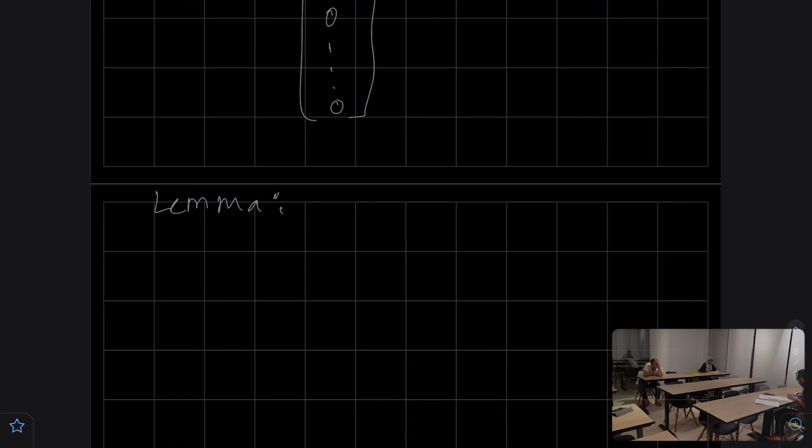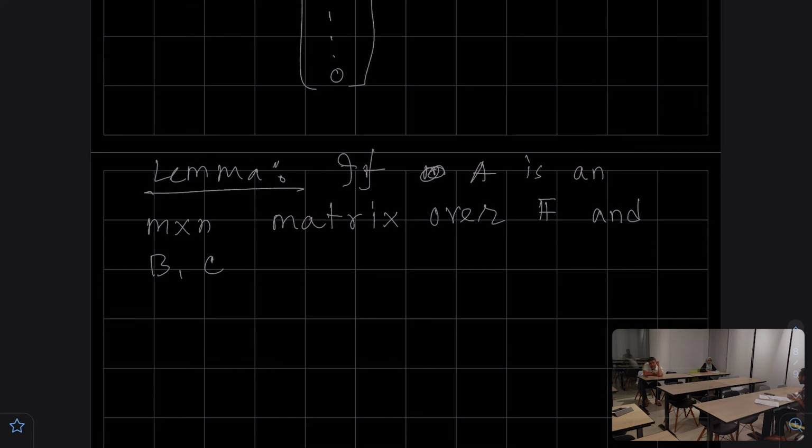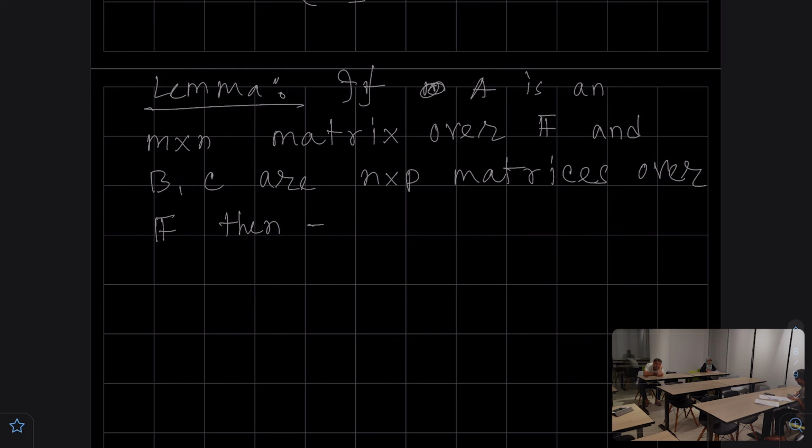So what I can do is A(alpha B plus C). Alpha is an element of the field. If I consider the ij element, then this is equal to the summation of k equals 1 to n of a_ik (alpha b plus c)_kj.